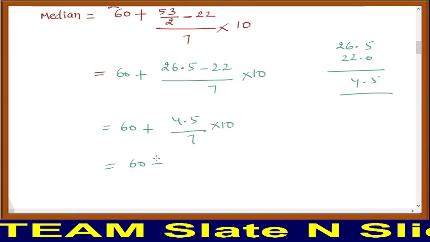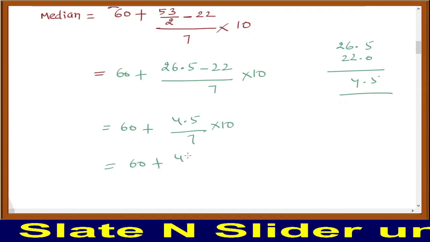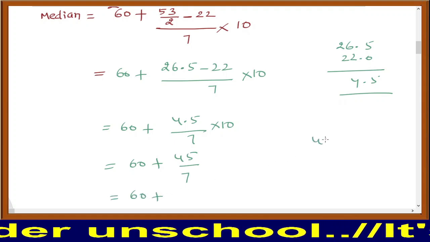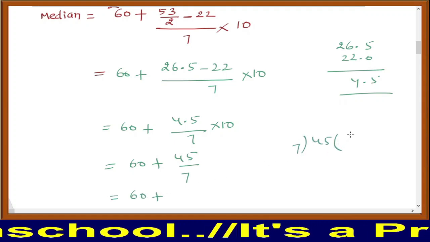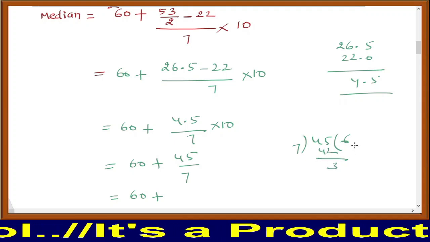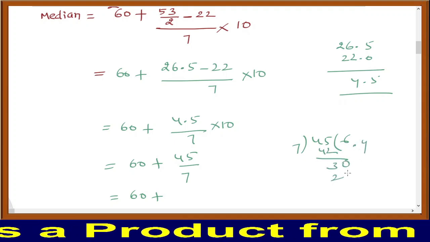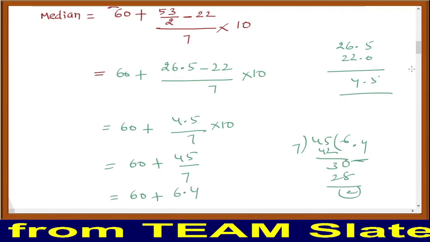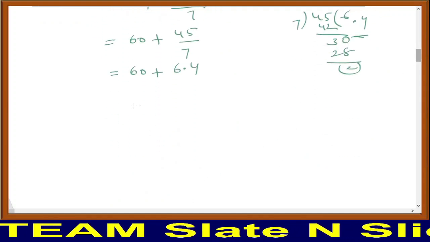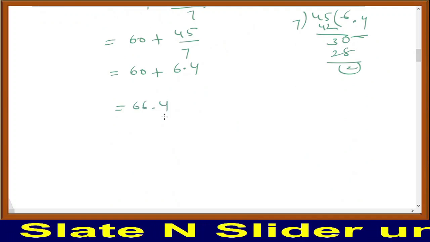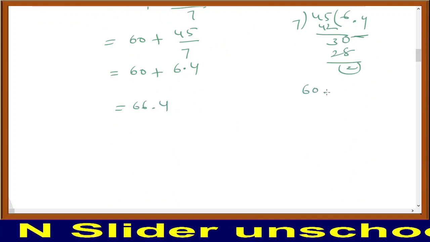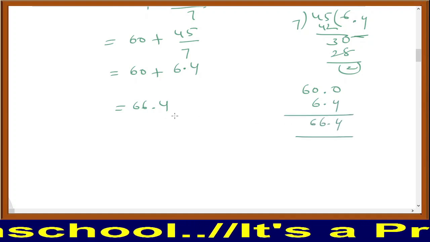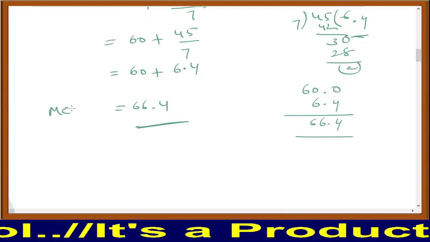So, 60 plus 45 by 7. 45 should be divided by 7: 7 sixes are 42, 3 remains, 7 fours are 28, just leave the division, 6.4. So, 60.0 plus 6.4 will become 66.4. So, this will be the median.